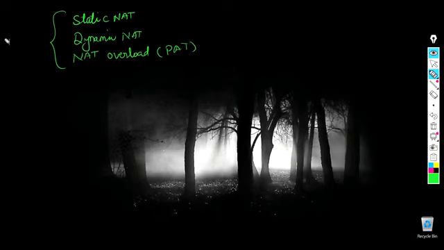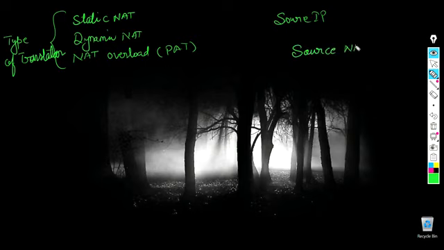These are the types of translation we can say. But if you observe, it is translating the source IP address, right? Whatever the source IP address was, that was translated. So you can say it was source NAT, because the source was translated.